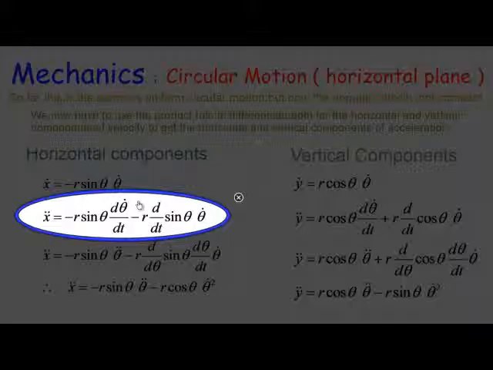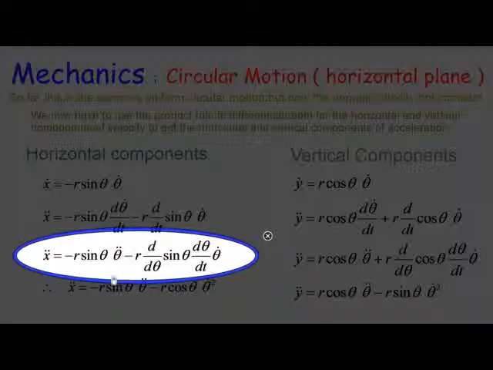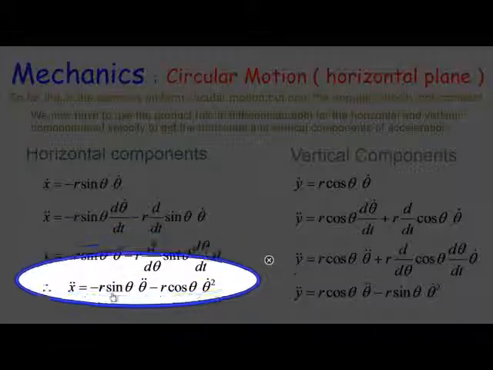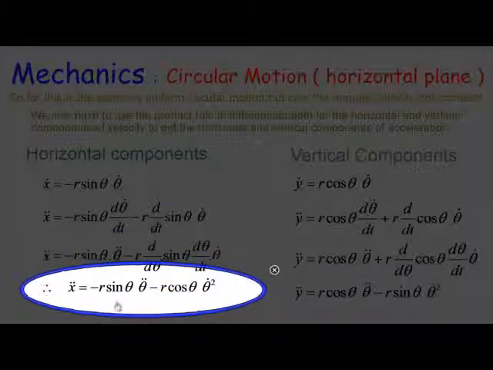Again, we've got to use the chain rule, or just differentiation, to do this. So we go d/d theta of sine theta, and we get a d theta/dt next to the theta dot. Now, obviously, that gives us theta dot by theta dot, which is theta dot squared. So we end up getting that x double dot is equal to minus r sine theta theta double dot minus r cos theta theta dot squared.